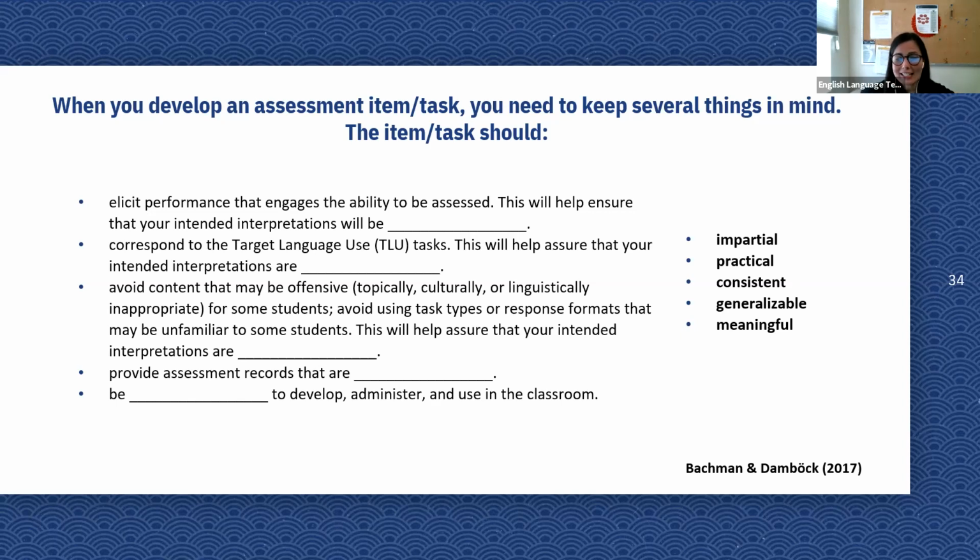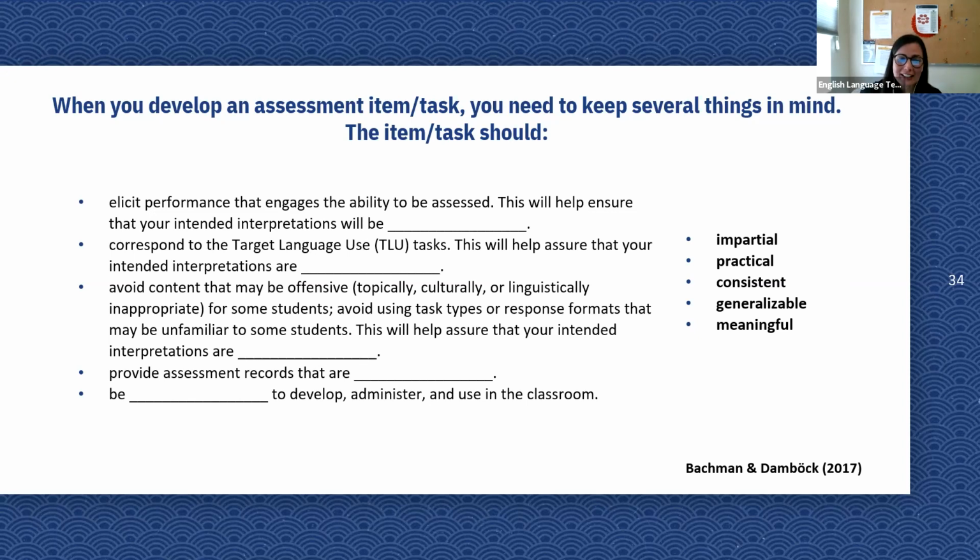If you avoid content that may be offensive, like biased, right? Topically, culturally, or linguistically inappropriate for some students, right? Avoid using test types or response formats that may be unfamiliar, right? It will help assure that your intended interpretations are impartial. Thank you, Patty.